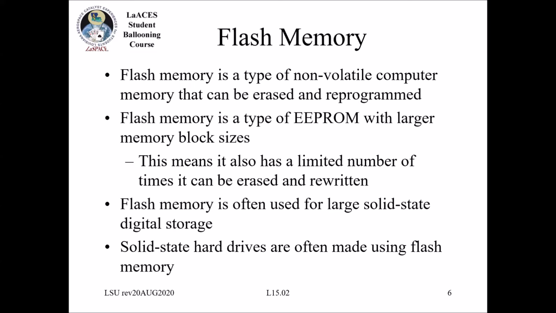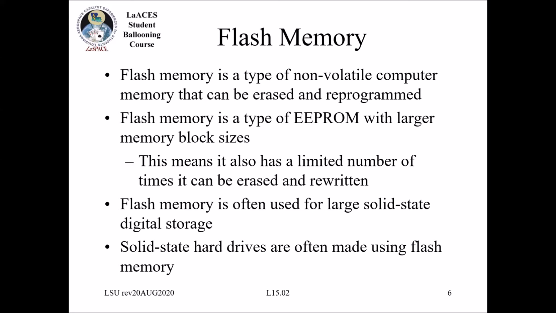So another type is flash memory, and that's a much more modern type of memory. It is easy to erase and easy to reprogram. And most importantly, you can build it with a larger number of memory spaces, i.e. you can store a lot more information on it.